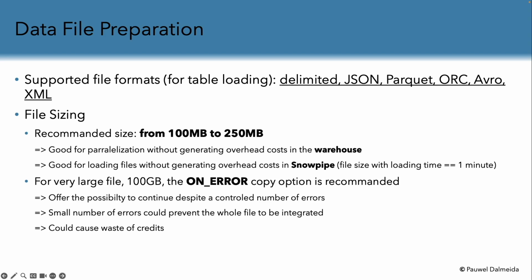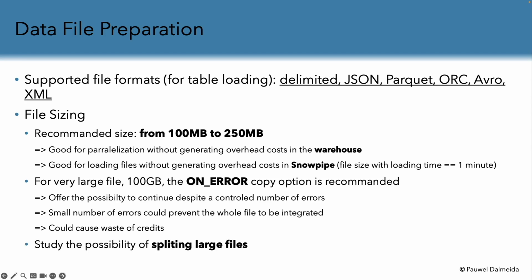Let's imagine that you have a very big file of 100 gigabytes, and you have only one line that has an error. Then if you don't provide the on-error copy option, the copy will fail and the whole file will be rejected, and all the work that has been done so far will be canceled, and the result is that you waste your credits.